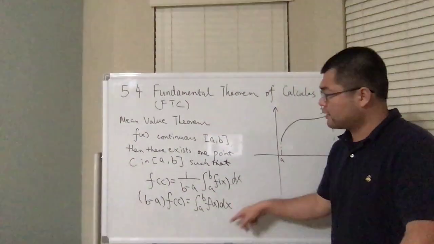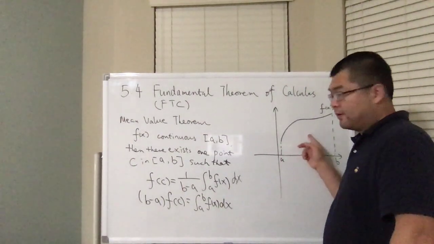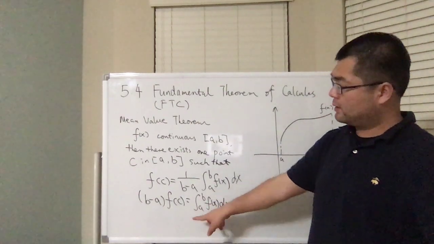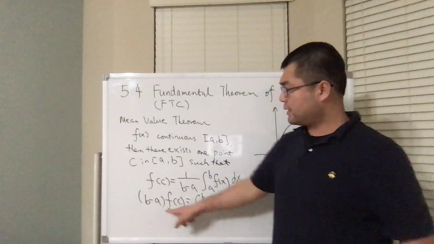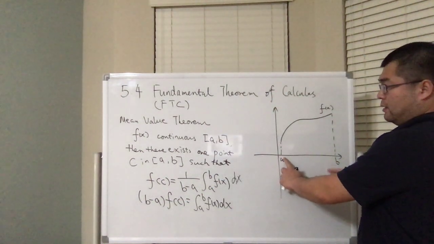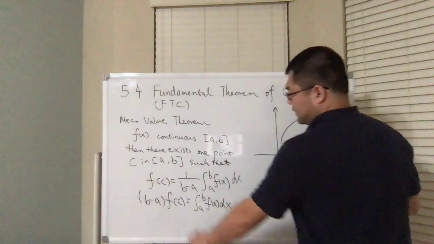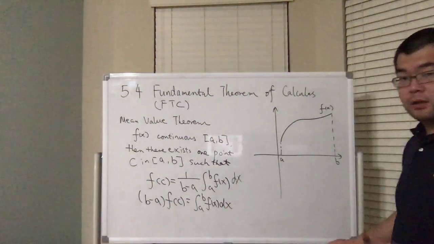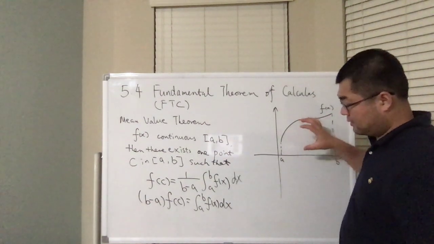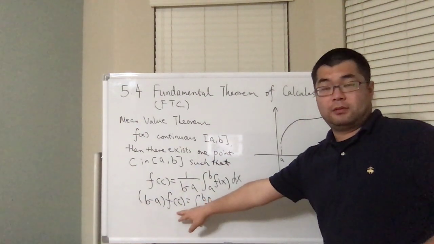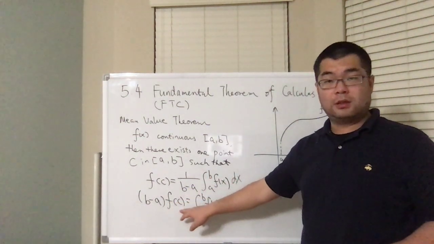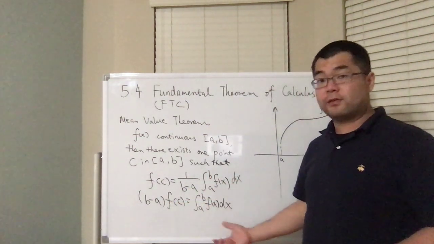This integral denotes the area under this curve, right? And on the left hand side, you can see b minus a, which is the length of this interval, times f of c. In fact, we are looking for the height of a rectangle such that the width times the height equals the area under the curve.